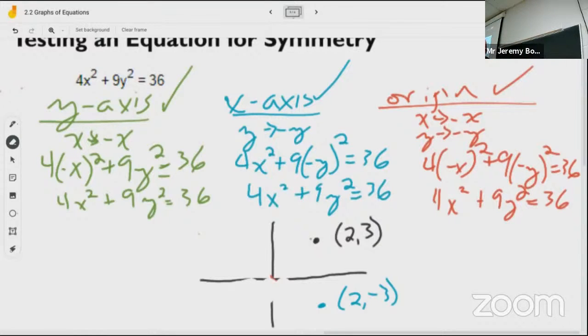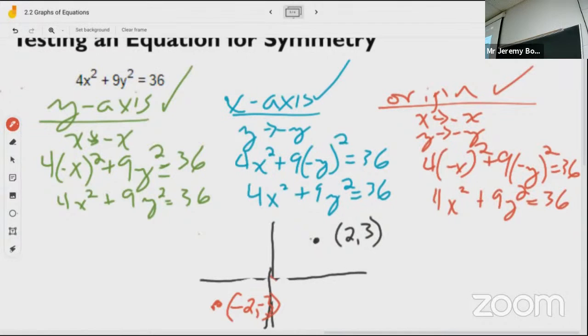But the other thing that can happen, and this is why people usually get confused when they think about this a little too much, but I like to introduce it because it's interesting how it plays out, is it could be symmetric with respect to the origin, but not the other two, right? I could just have the points negative 2, negative 3, and 2, 3, which will make it symmetric with respect to the origin, but not the y-axis or x-axis.